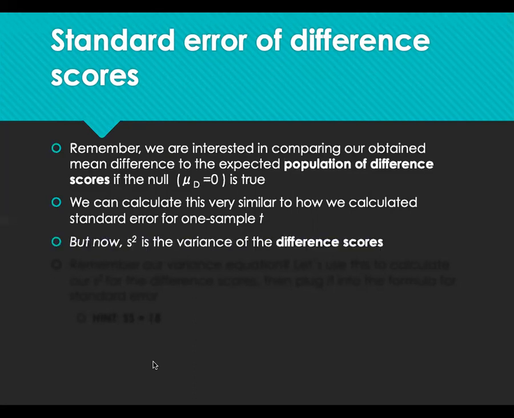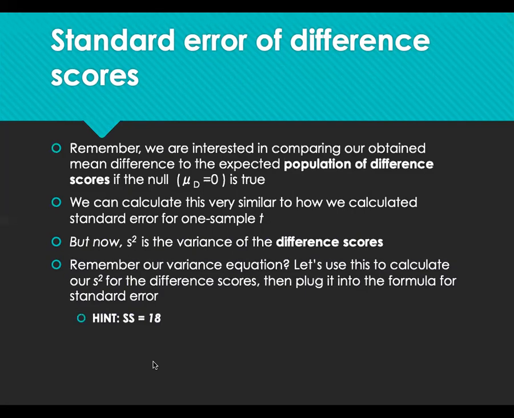But now the difference here is that S squared is a variance of difference scores. So remember our variance equation, hopefully. We will use that variance equation to calculate our variance for the difference scores, and then plug it into the formula for standard error.